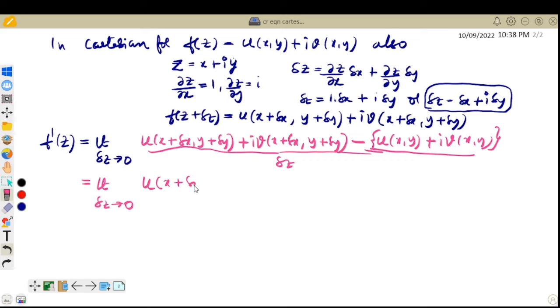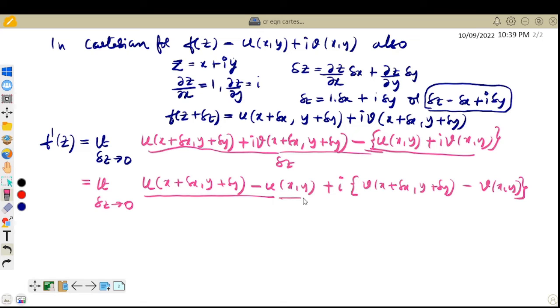So u(x + Δx, y + Δy) minus u(x,y). Next, i times v: the coefficient of v is i, you can take i outside and write v(x + Δx, y + Δy) minus v(x,y), divided by Δz. Look here, Δz is the LCM, and there is a limit outside.